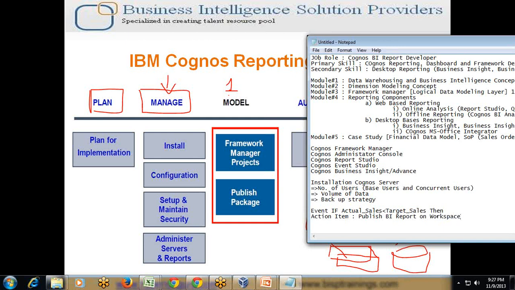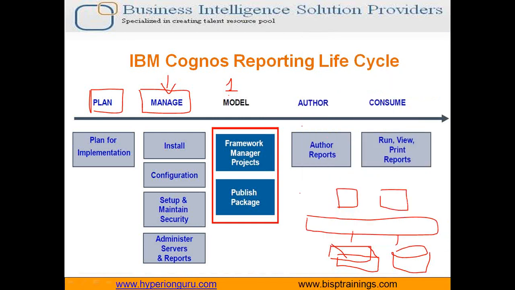So you have an event, and then you have event action, and the event listener all the time sees when the event occurs. So authorization of report also ensures who can access the information, and the final step is the consumption of data.